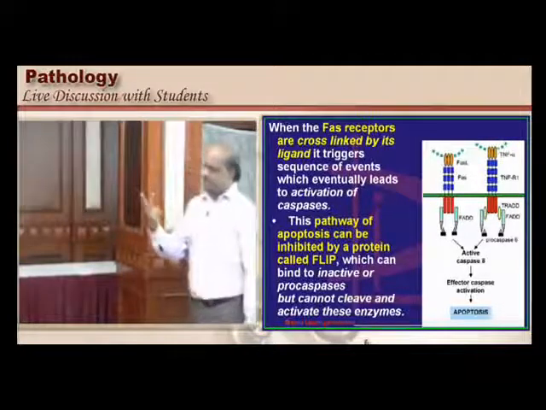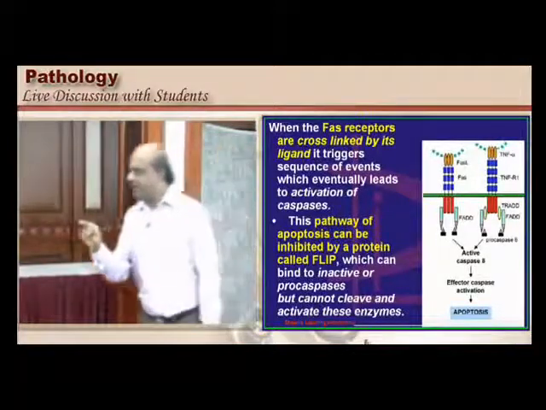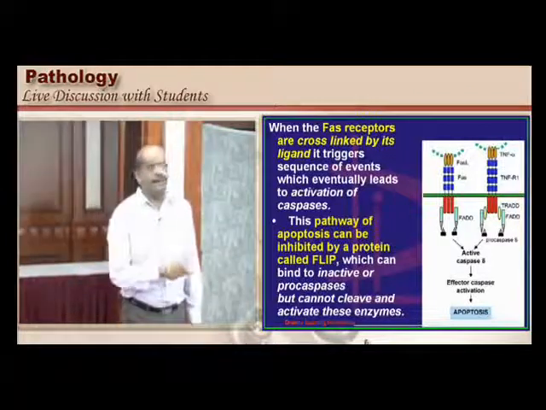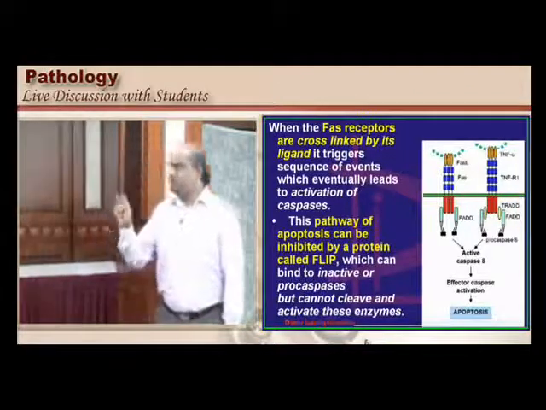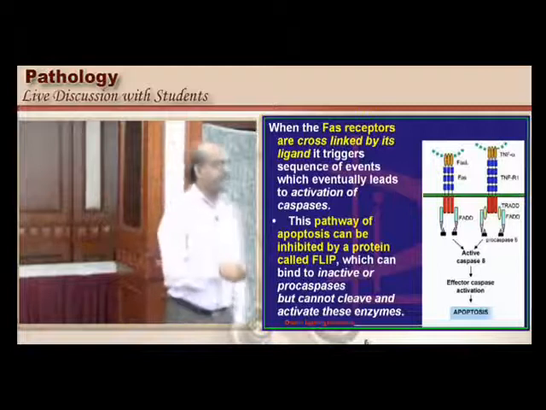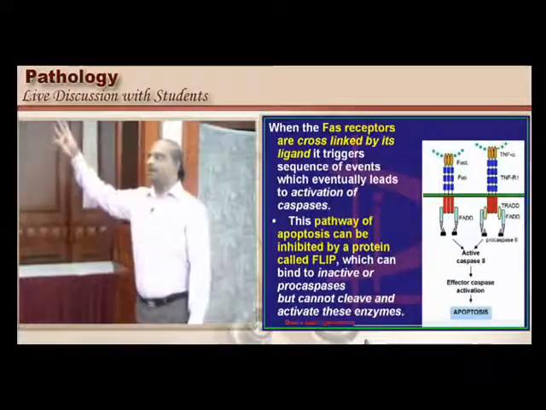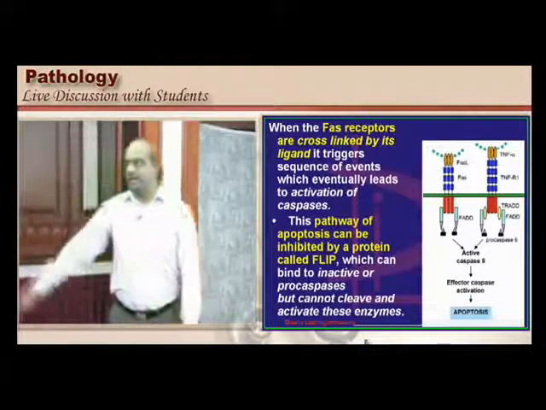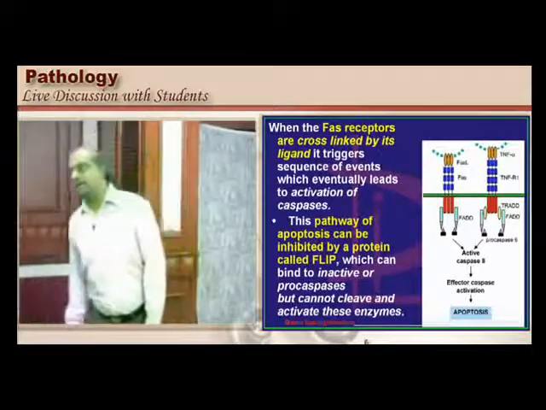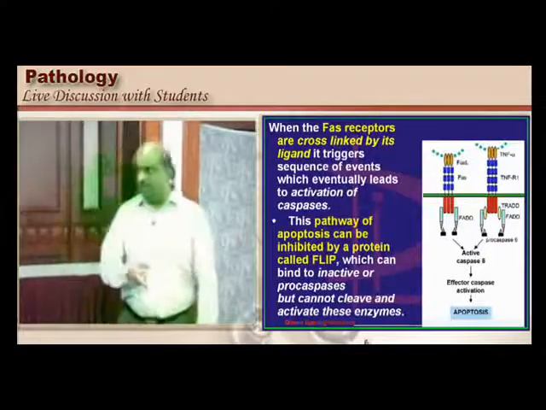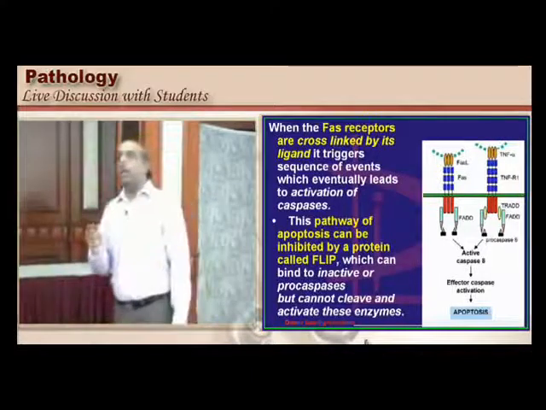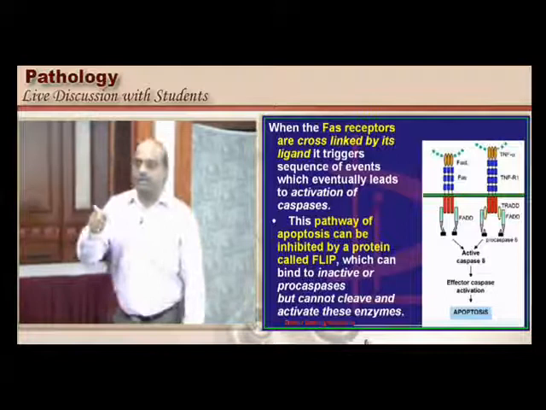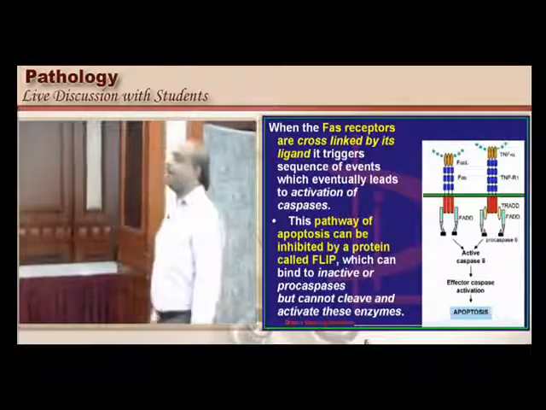Only two buzzwords, FAS, CD95 and TNFR1, are the two things, and FLIP is another one involved in the extrinsic pathway of apoptosis. And what is involved in the intrinsic pathway? Cytochrome C and APAF1 and BCL2.